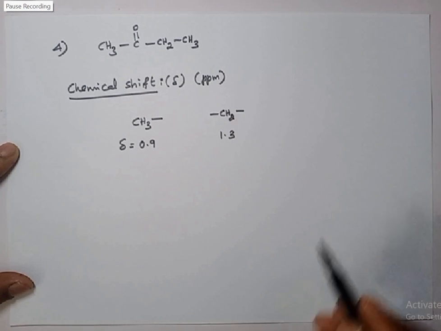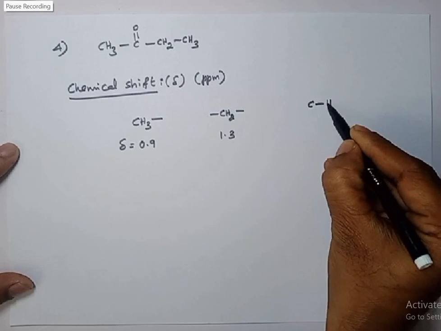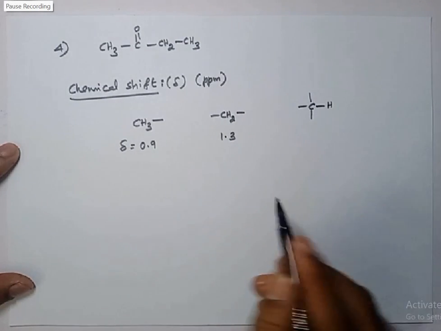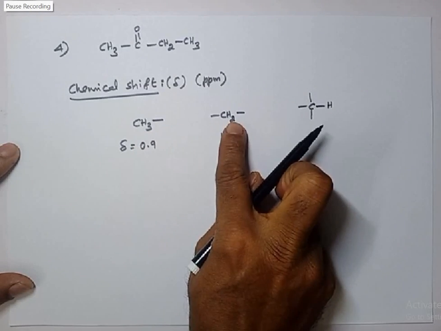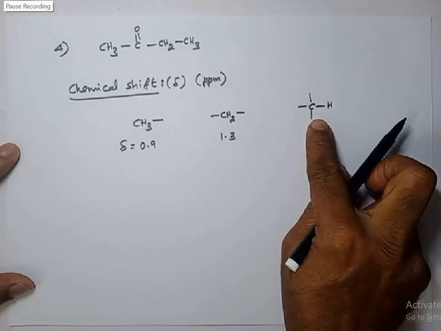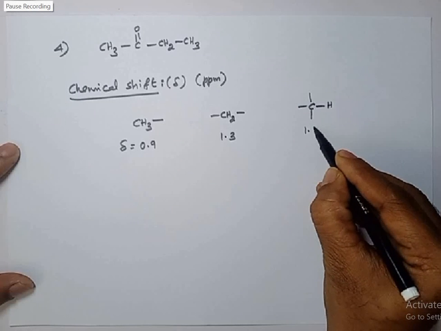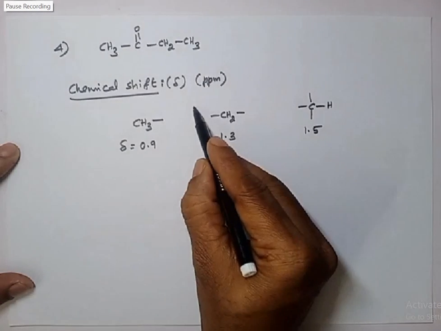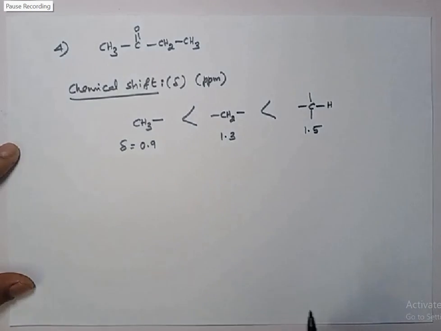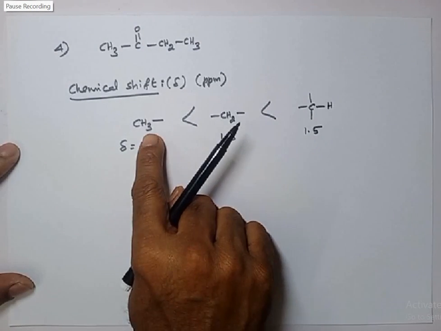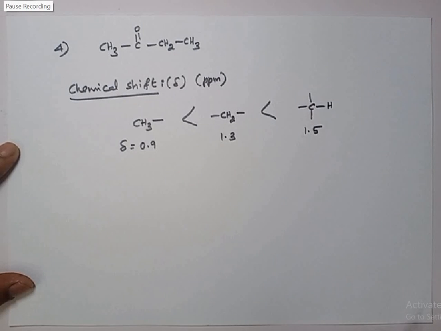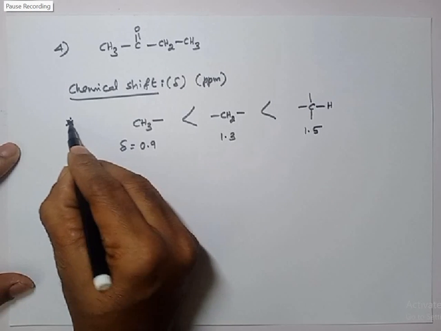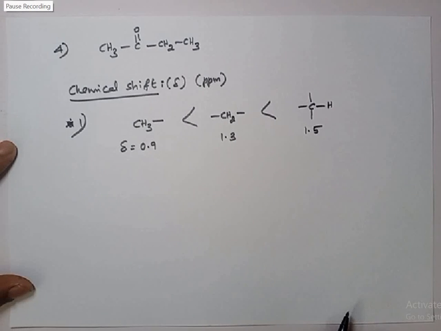And for a proton with one hydrogen and 3 other groups, we call this a methine proton. Methyl, methylene, methine. Methine protons, the chemical shift value is 1.5 ppm. So chemical shift value increases from methyl to methine. Okay, so this is the first important information. Keep this in mind.